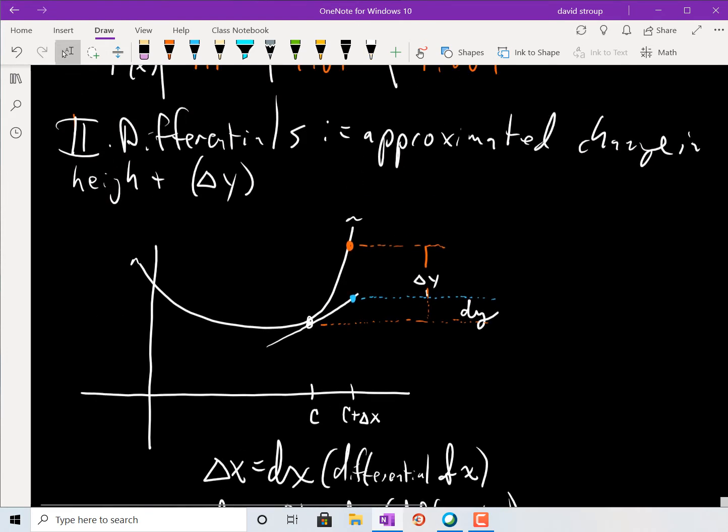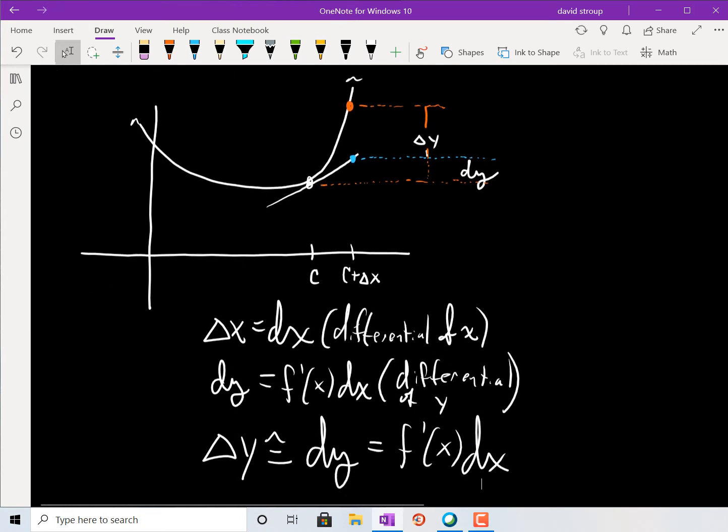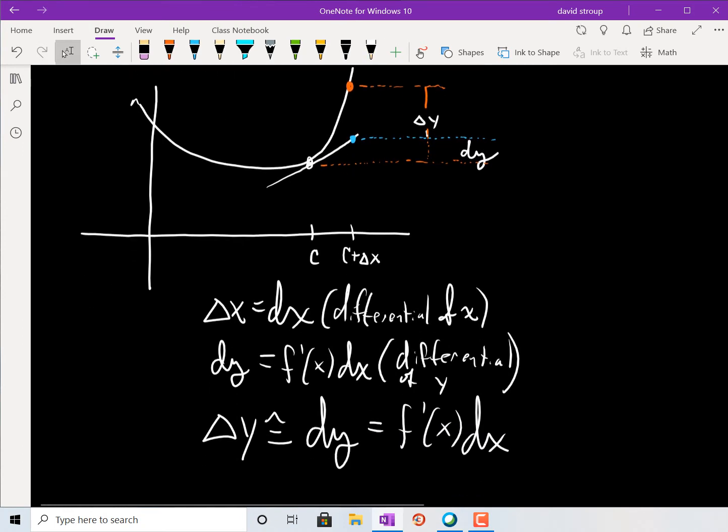So algebraically speaking, with symbols, what is this delta y? The delta y is the difference between f of c plus change in x, and f of c. It's just a difference in heights.